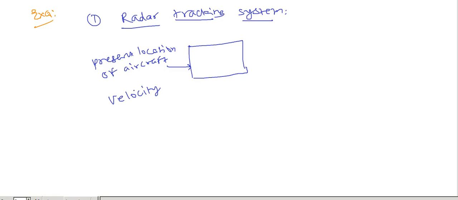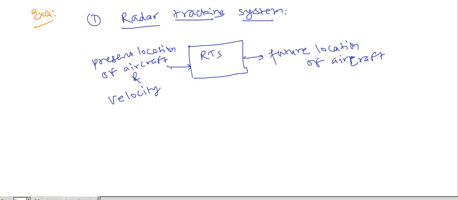Based on its present location and velocity, this radar tracking system could produce the future location of the aircraft. Okay, so this is a system which takes the present location and velocity as an input and produces the future location of the target. Okay, so this is an example of a system.